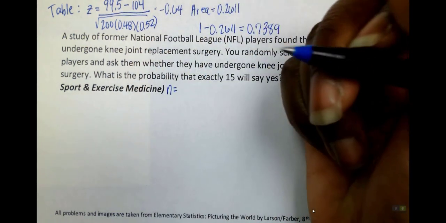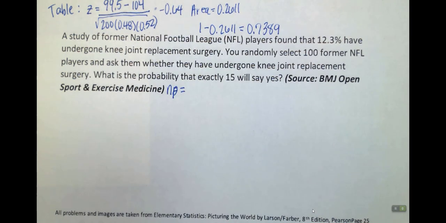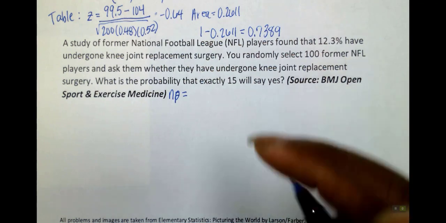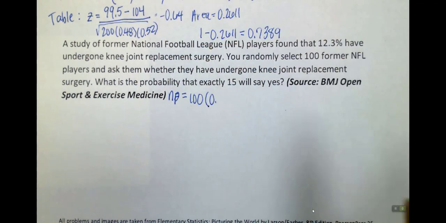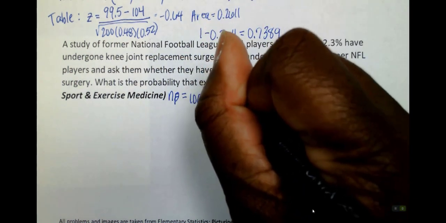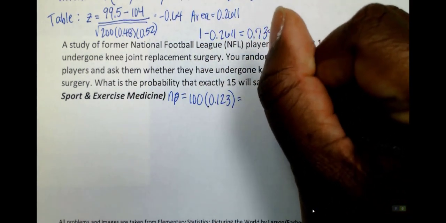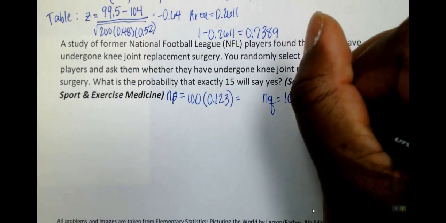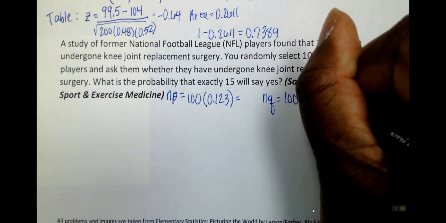So N times P, because we should be at the point now we can just identify our numbers. N is 100. Our P is our passing rate of 0.123. N times Q is 100 times whatever's left over from this, 0.877.